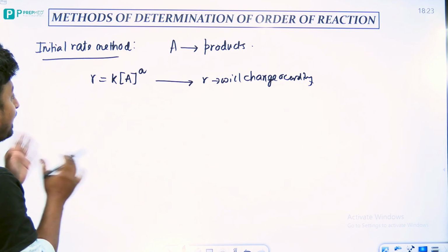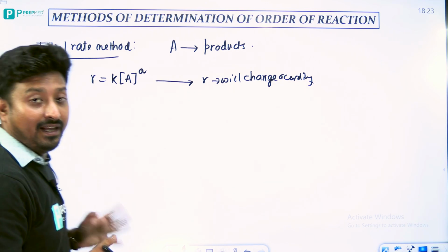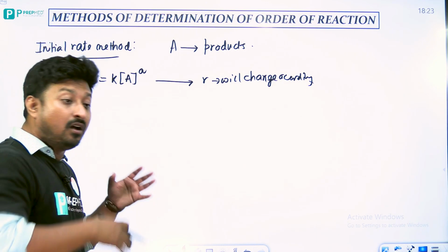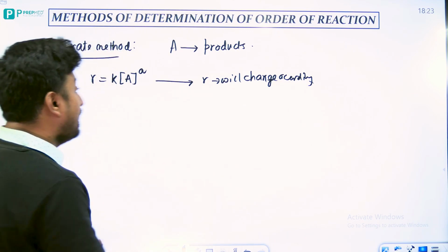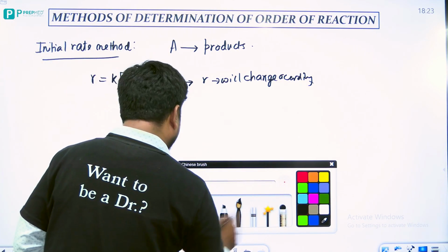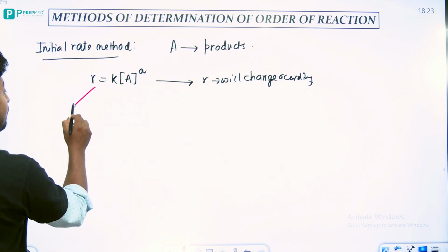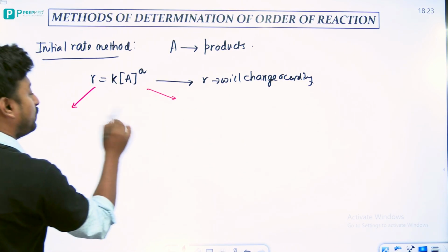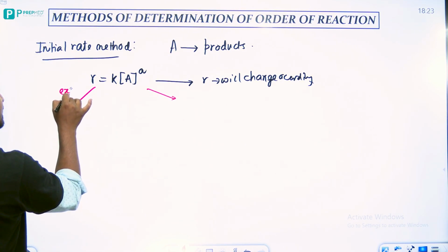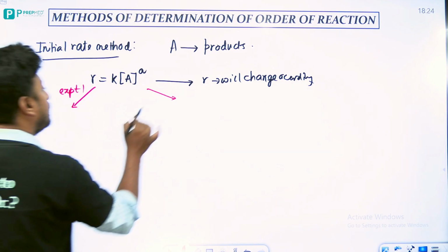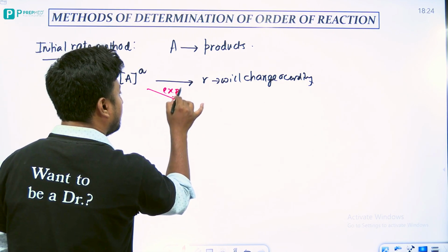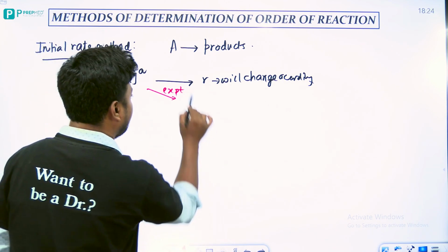Let's say I have two sets of data of the same reaction. This is your experiment number 1 and this is your experiment number 2. We have two sets of data.